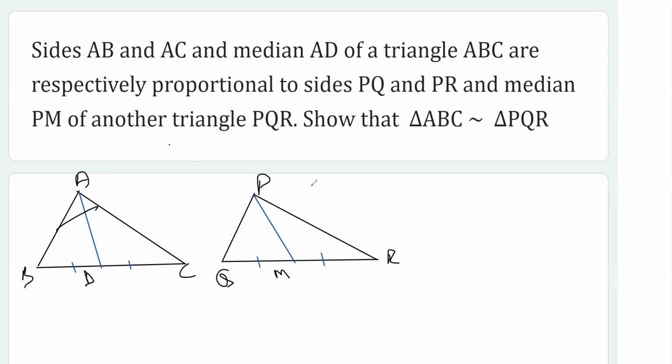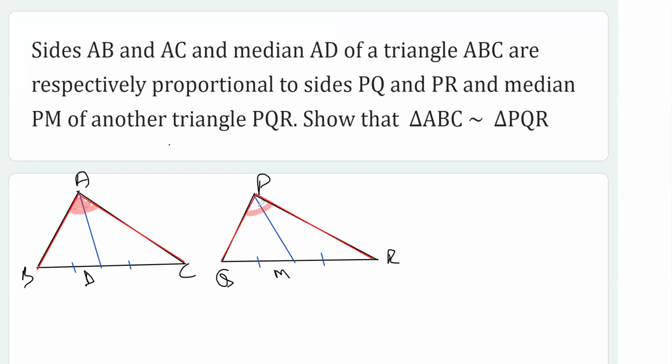Now, when I look into the information we have, we can see that the sides given are proportional: side AB and PQ, and the side AC and PR. The third information is about this side, which is not required as of now for proving the triangles similar. In fact, we need these two angles to be equal.